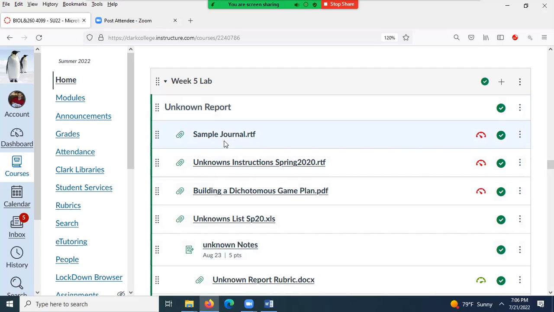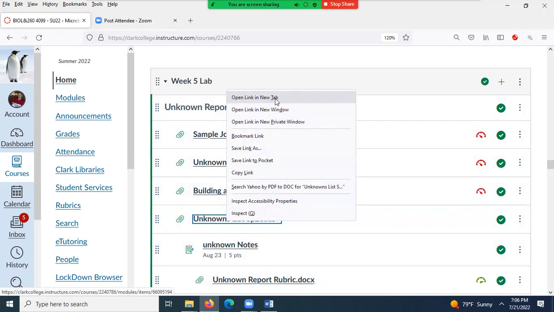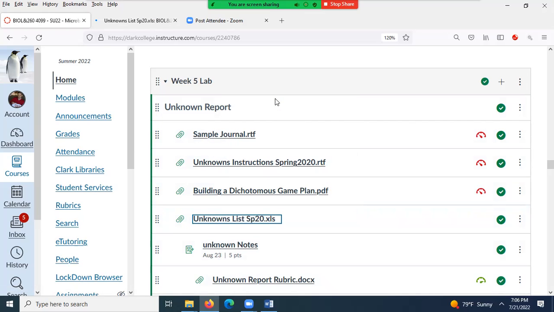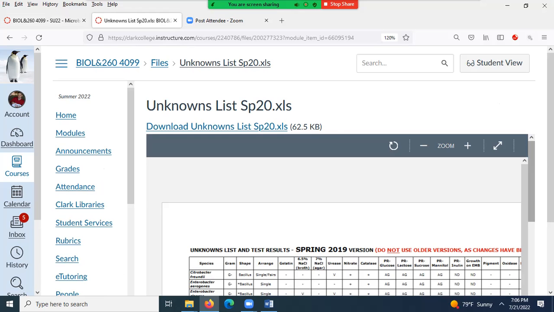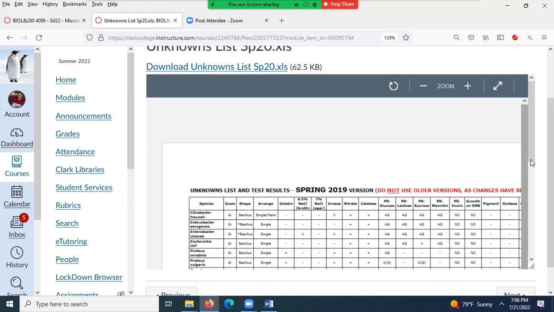You might want to take a look at your unknown list. This is the different species of bacteria that we will be working with when you're working on your unknown project, where you will be given a bacterial species, and then your goal is to use different tests to identify the species.